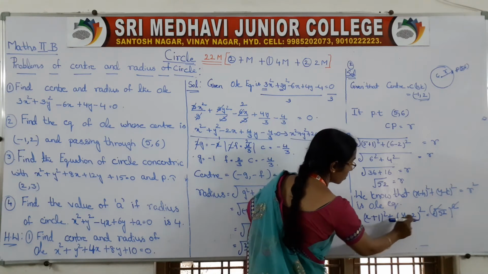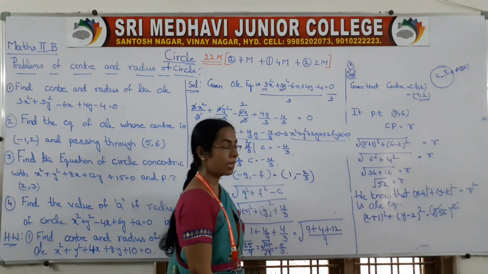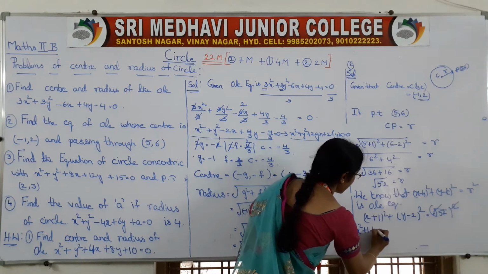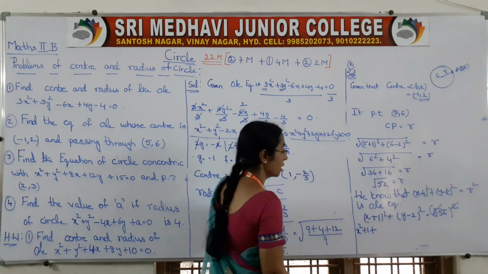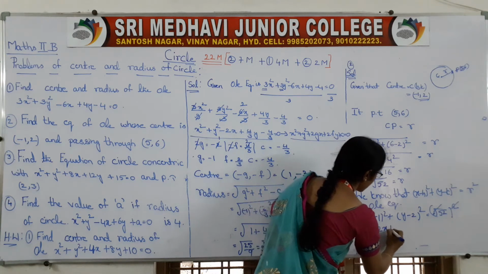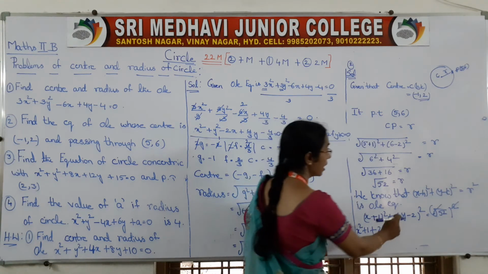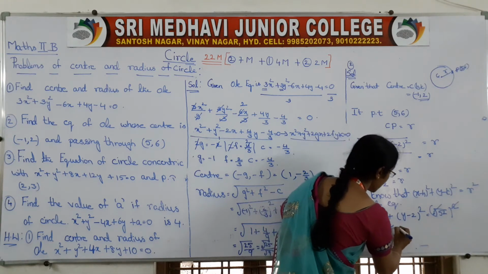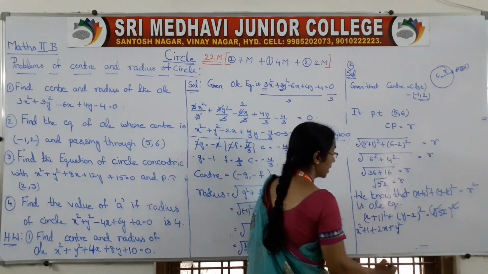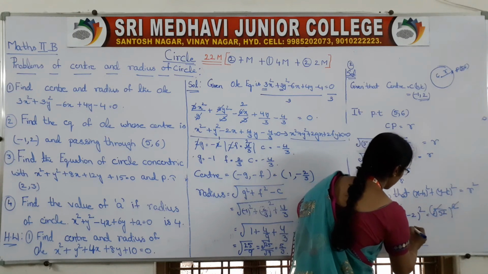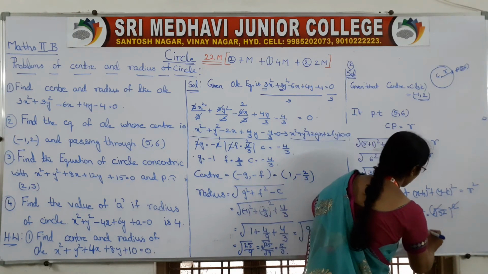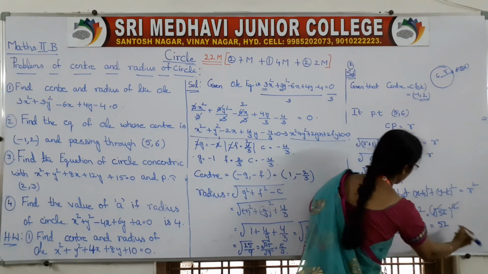This is (a plus b) whole square form, and this is (a minus b) whole square form. (a plus b) whole square is a square plus b square plus 2ab, and (a minus b) whole square is a square plus b square minus 2ab. I am not writing directly, we are applying. You are used to this formula, I know it very well. So it is 4y is equal to 52.